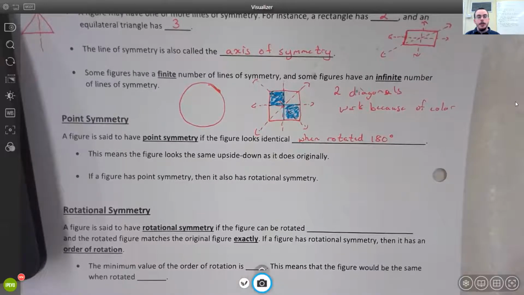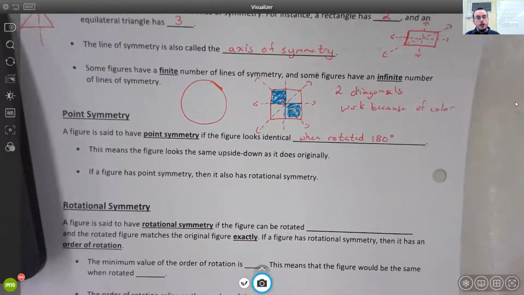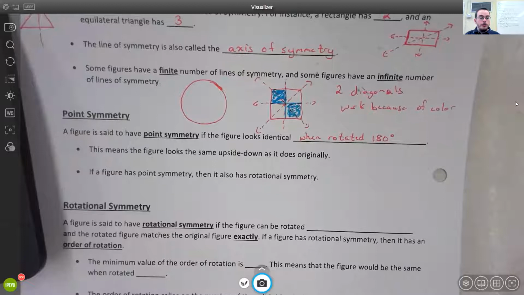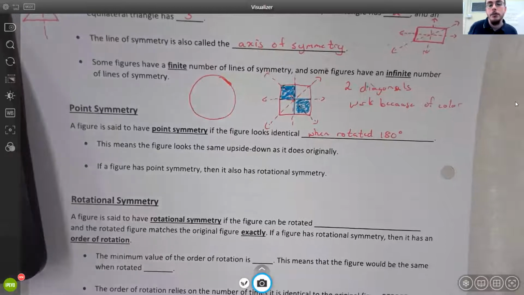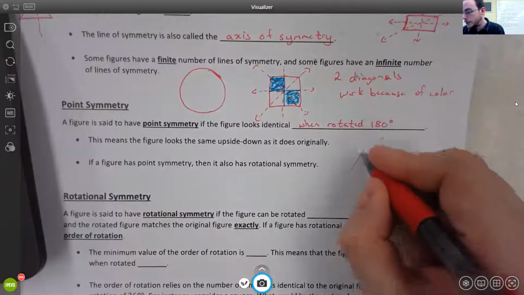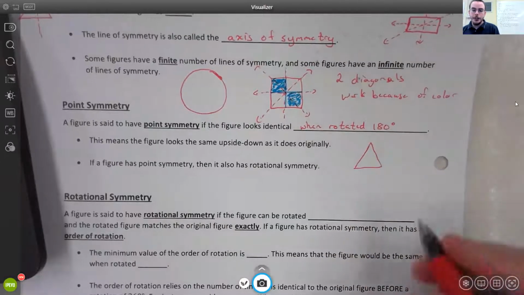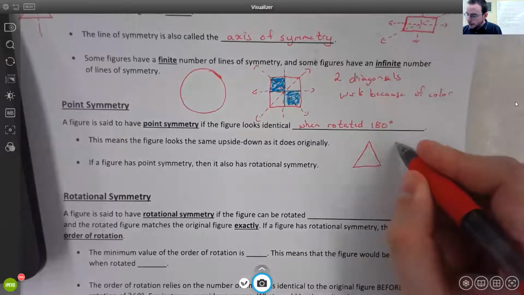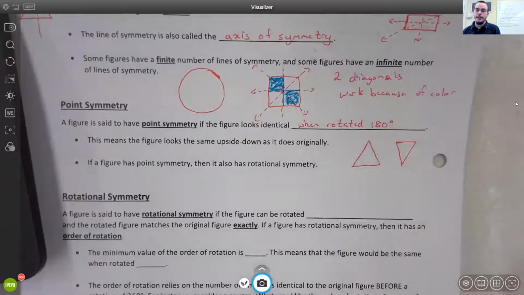Typically, things that have an odd number of vertices are not going to be able to have point symmetry because when rotated 180 degrees, they have like a point. So for instance, if you rotated this triangle here 180 degrees, this is what it would look like. And that is not the same as that.